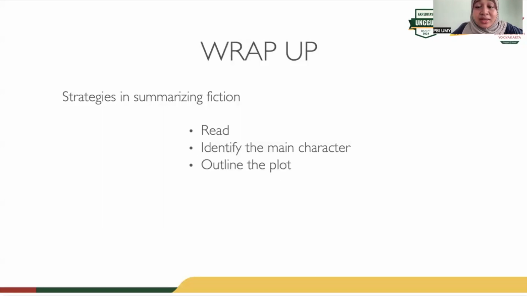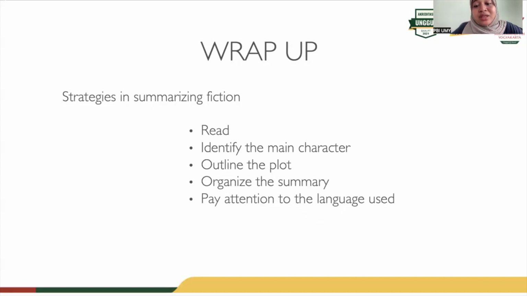And then outline the plot. Of course, 3 elements: introduction, climax or conflict, and the resolution. And organize the summary from information that you get by the previous steps. And then the last one is pay attention to the language used. 3 tenses, descriptive language, and also indirect and direct speech.